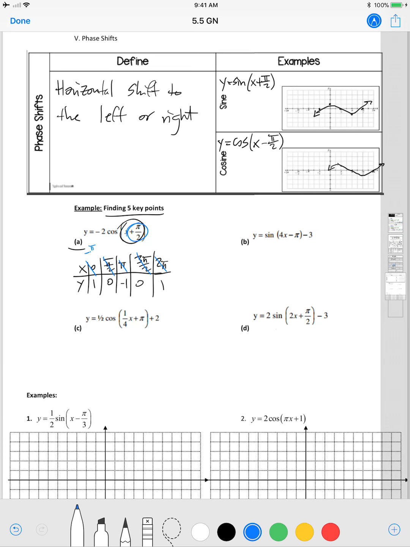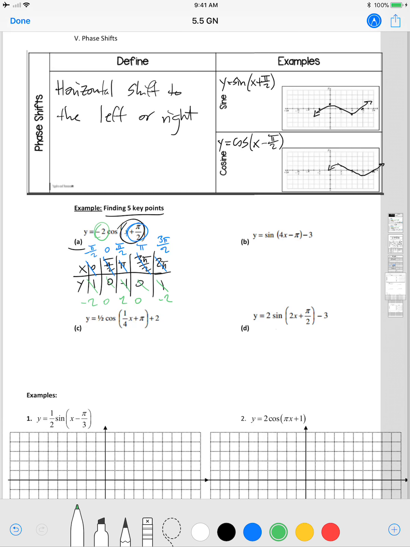So negative pi over 2, 0, pi over 2, pi, and 3 pi over 2. And then I can look out of the parentheses. I see negative 2 in front. That's affecting y. I just need to multiply my y values by negative 2. So I have my new points here, and I could go ahead and graph those if I needed to.